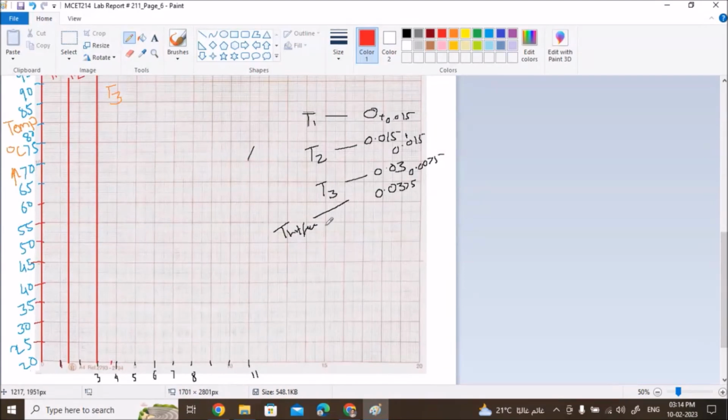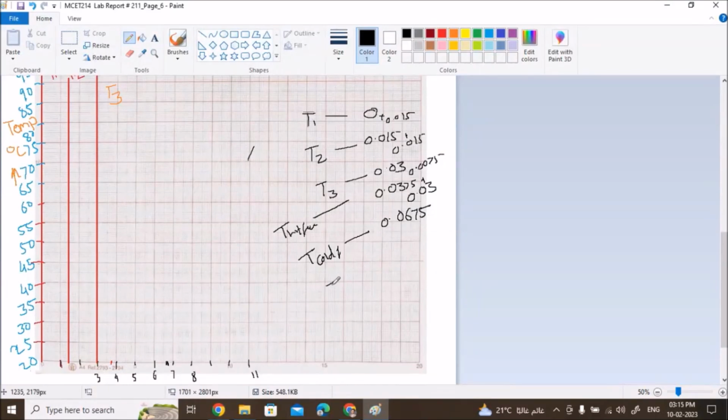Now the thickness of the stainless steel slab is 0.03, so again by addition I get the T cold face at 0.0675. So this is 375, then 675 is here.